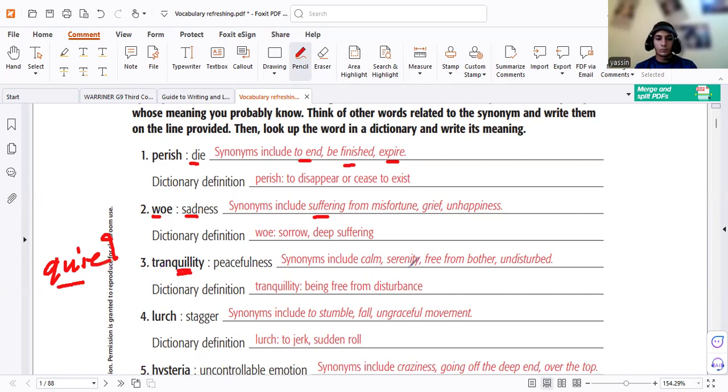Look, calm, serenity, free from bother, undisturbed, quietness, to be quiet. And if you are quiet, you have peace. Tranquility is calm, serenity. It's a noun because it has TY. But I know it has quietness, to be quiet. So that is how to think, how to study the vocab to help you.